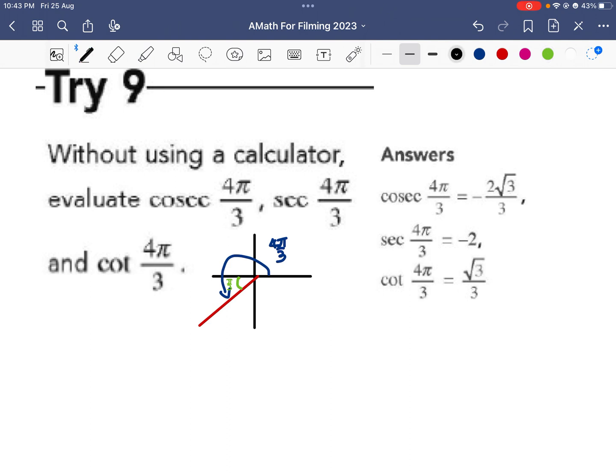So sine of pi over 3, sine of 60 degrees, is root 3 over 2. Then cosine of 60 degrees is half, then tangent of 60 degrees is 3 over root 3.